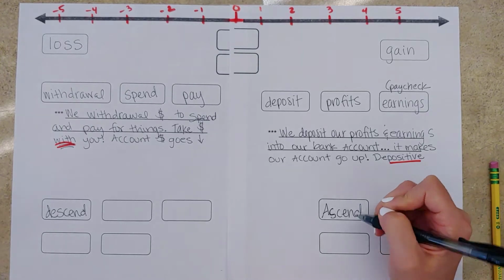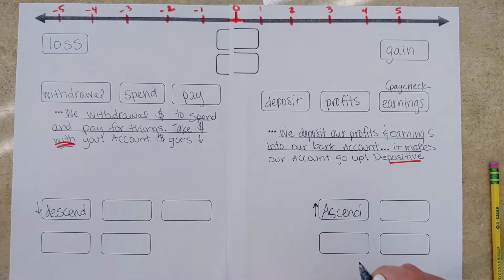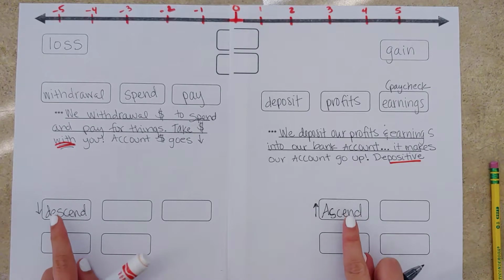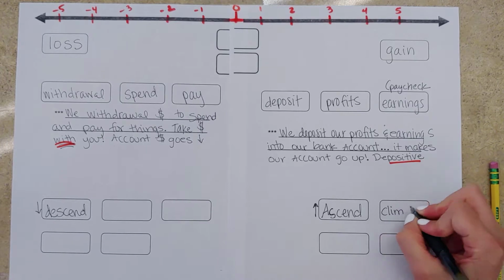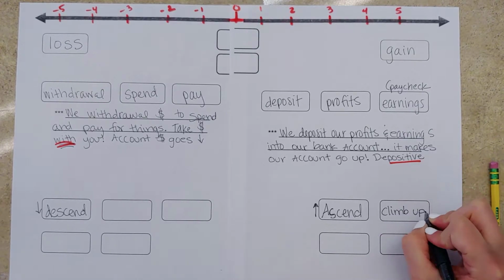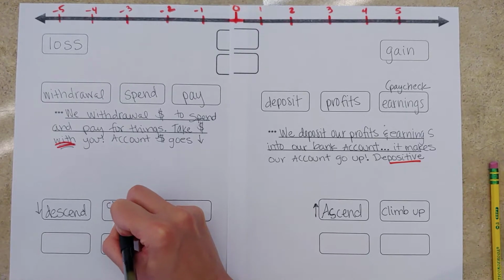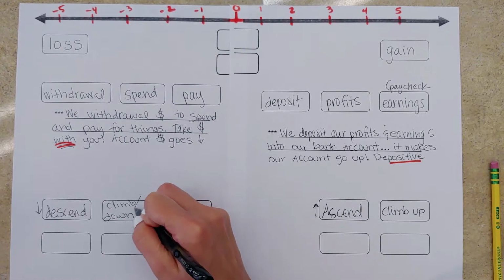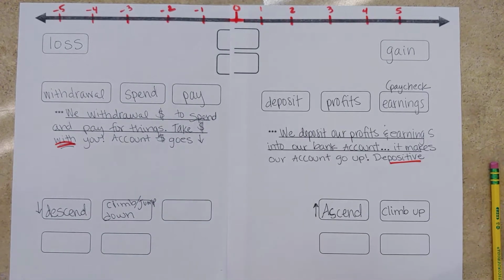Ascend means we're going to go up, and descend means to go down. We can put some keywords next to these in case we don't know what they mean. So ascend, climb up. And descend, climb down, or maybe even jump down, depending on what you've just ascended.